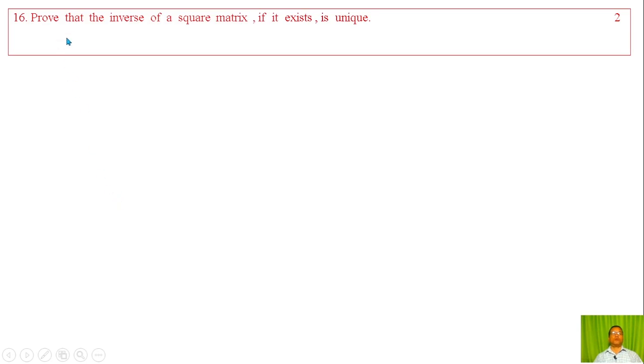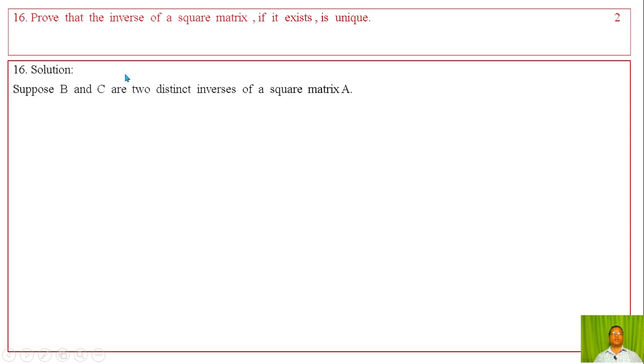Question number 16. Prove that the inverse of a square matrix, if it exists, is unique. Suppose B and C are two distinct inverses of a square matrix A. Then product AB equal to BA equal to I and product AC equal to CA equal to I, by the definition of the inverse of a square matrix.